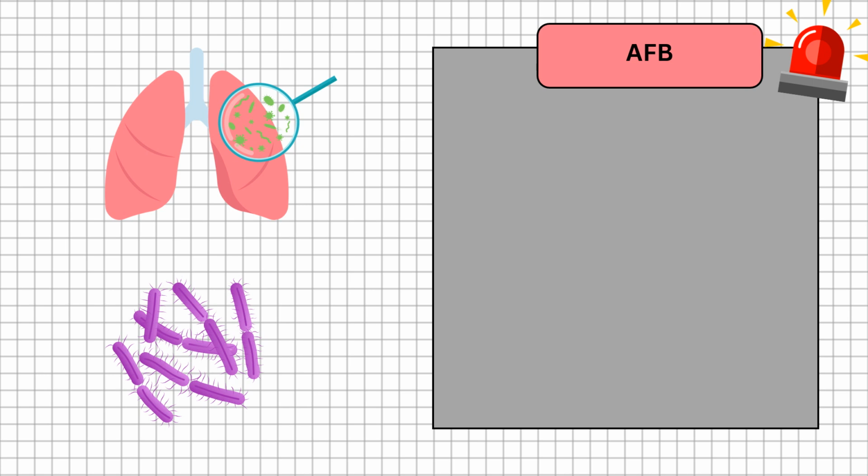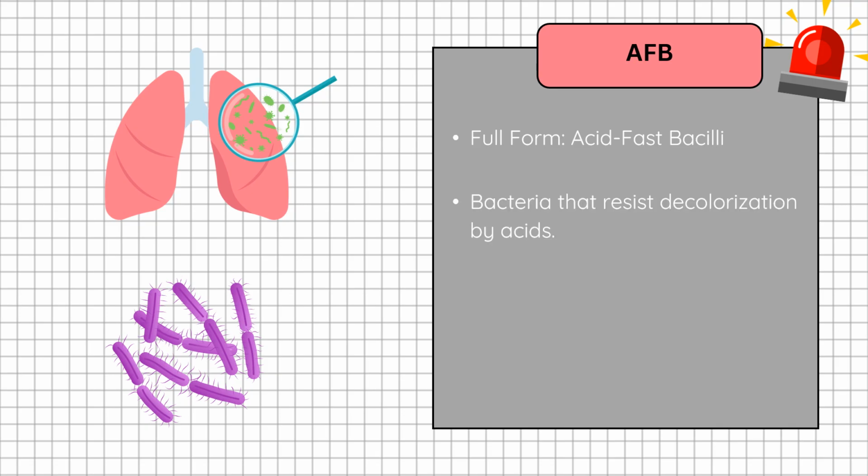AFB, the full form of AFB is acid fast bacilli. These are the bacteria that resist decolorization by acid, and they are used to diagnose tuberculosis and other mycobacterial infection.